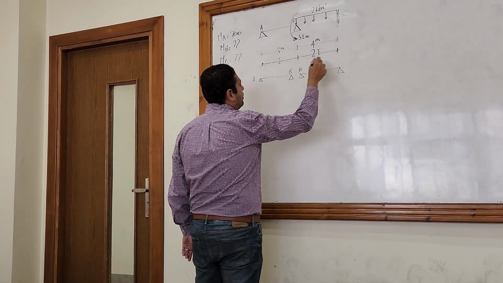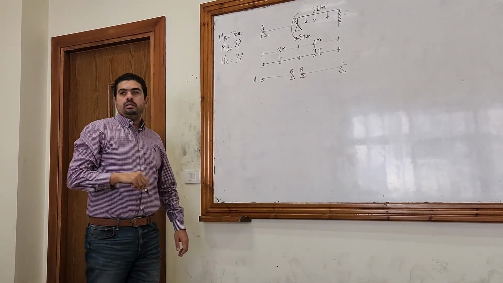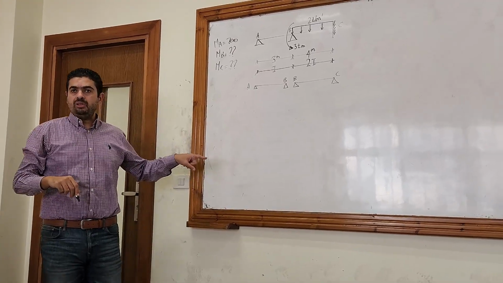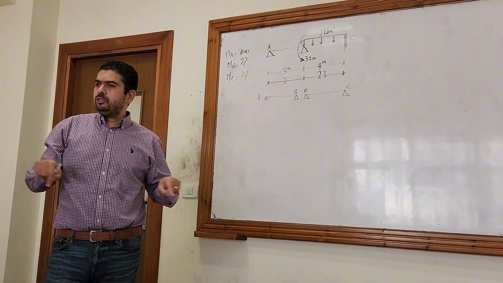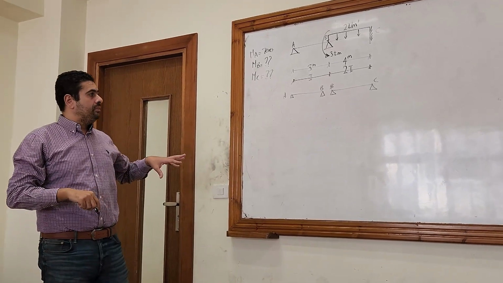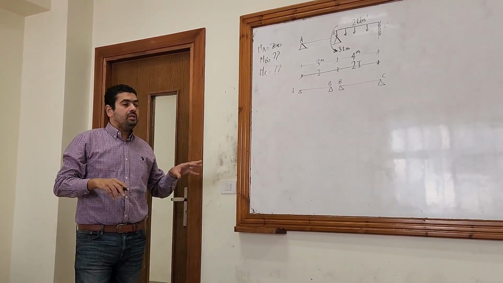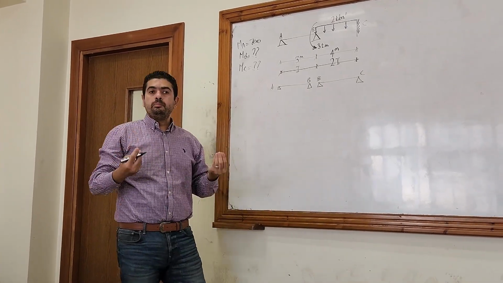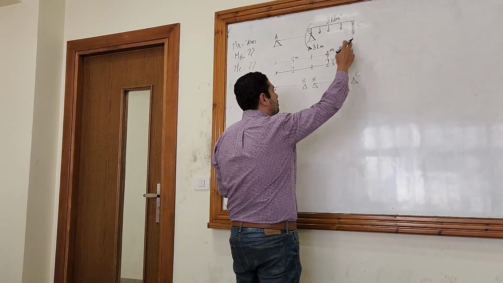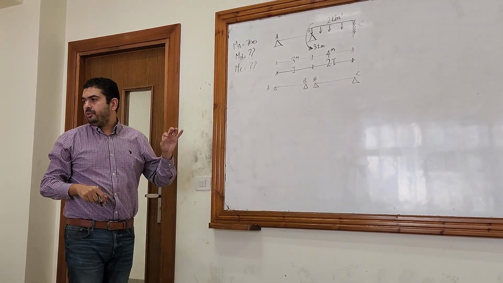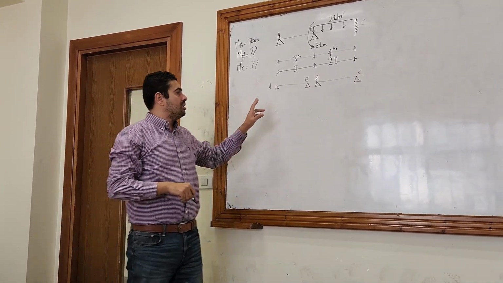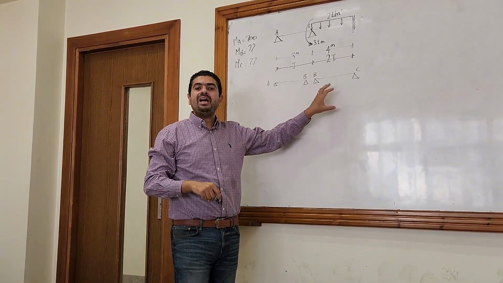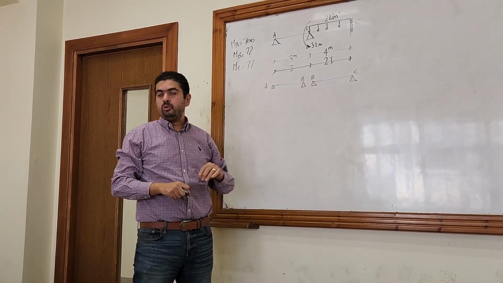The three-moment equation has a proof. The equation that we used last lecture has a proof. I told you it's a very long proof. But the first step is based on each span having to be a simple beam. Even if this is a fixed support, when you are splitting each span in the second step, it has to be split as a simple beam, okay?